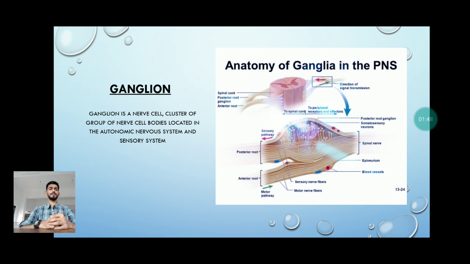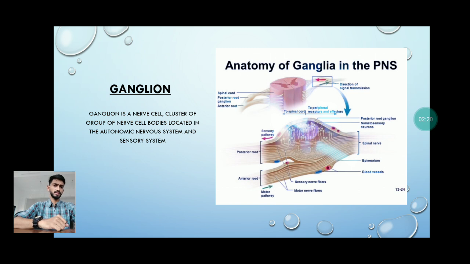Here, ganglion. Ganglion is a nerve cell cluster or group of nerve cell bodies located in the autonomic nervous system and sensory system. So, what is the anatomy of ganglion in the peripheral nervous system? Ganglion is located at the segment of spinal cord, the dorsal root ganglion, from which sensory and motor nerves arise.